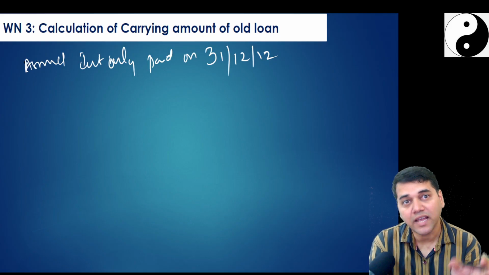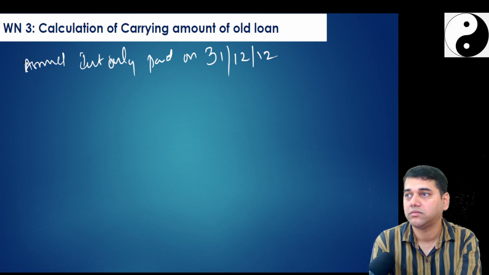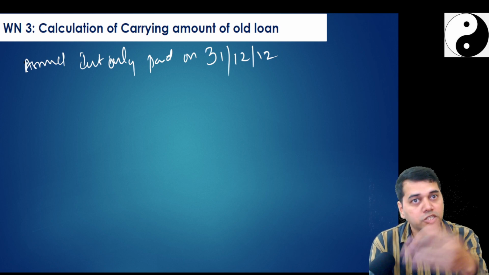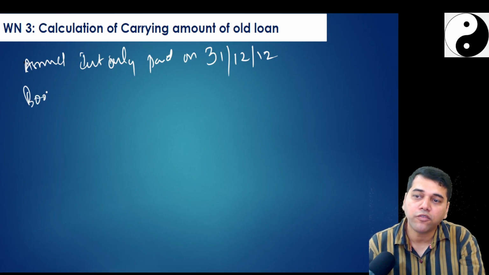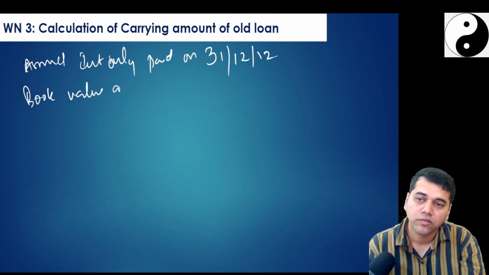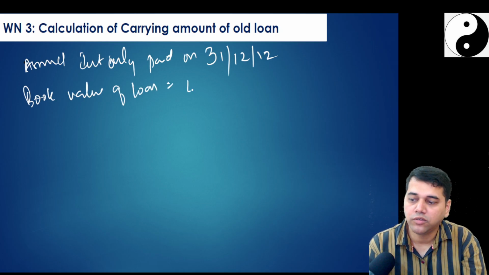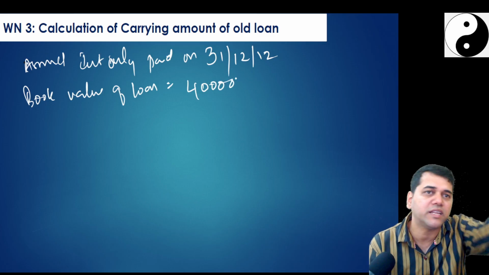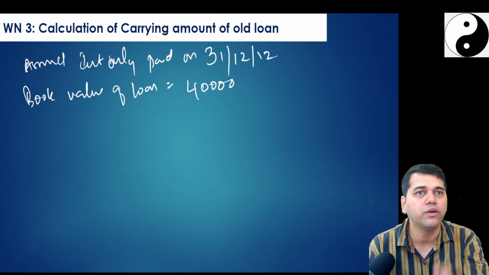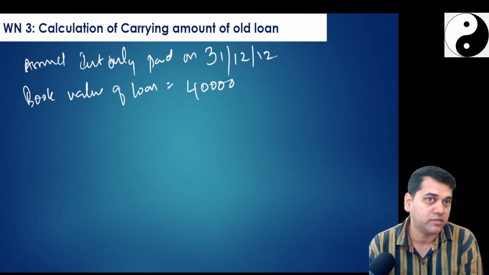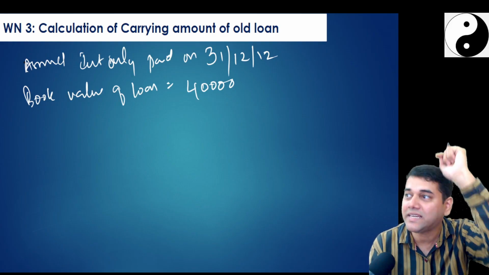If the question is silent, make an assumption that they paid the interest but not the principal. So the book value of the loan is equal to 40,000. Go and look at that amortization schedule. You already prepared it, and we don't need to do a working because that schedule is already available. The only confusion for us is whether they have paid that interest or not.